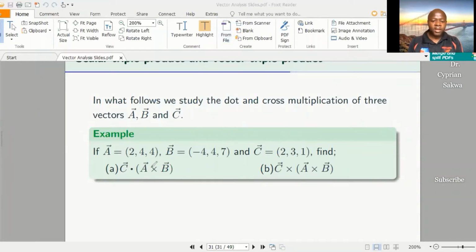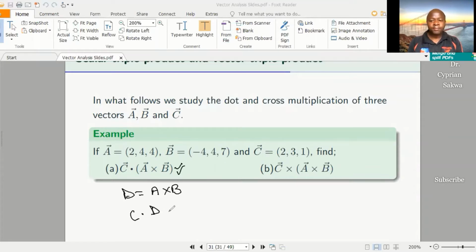Supposing that D is A cross B, now find C dot D, and that will give you the solution.